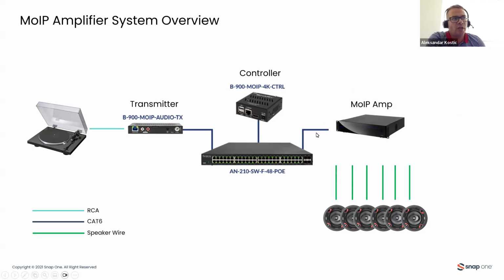All we need is a standard network connection where the audio stream is received through the Ethernet port. And in this picture, if we have a core controller on the left-hand side, we also do not need an audio transmitter because it is already built into the core controller itself. So having the MOIP controller on the left side and the MOIP amplifier on the right side, everything goes through a standard network cable.